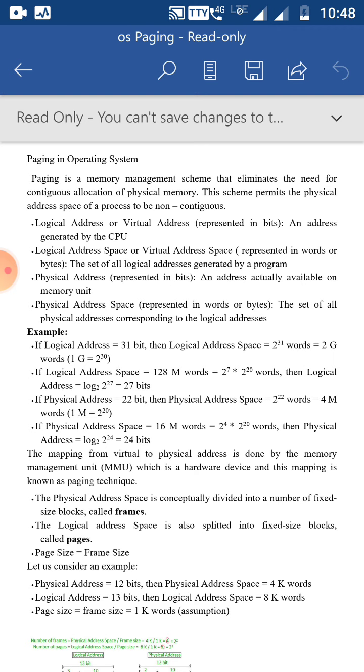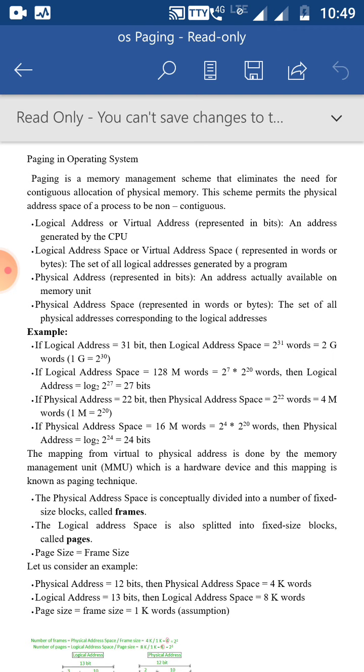Page number 1's equivalent frame number is 10. So 10 minus 1, 9, into 10, because the size of the frame is 10, gives 90. So 90 is the starting address of the 10th frame.